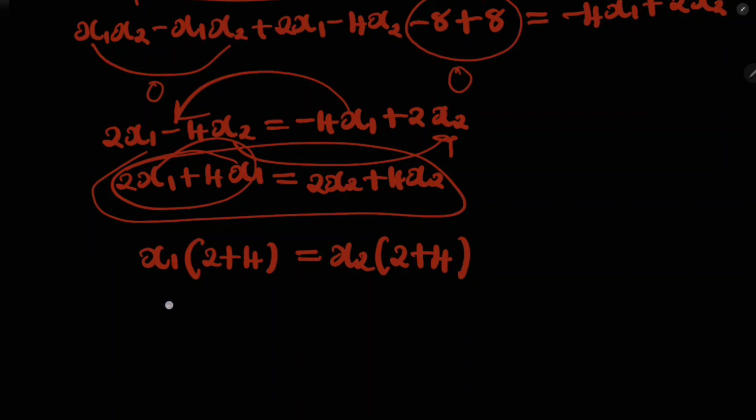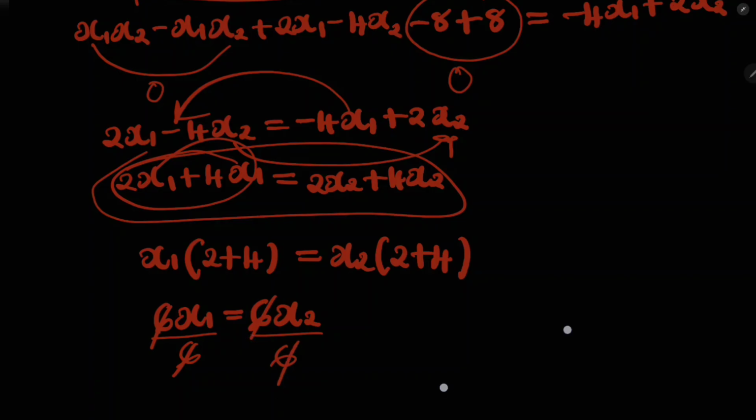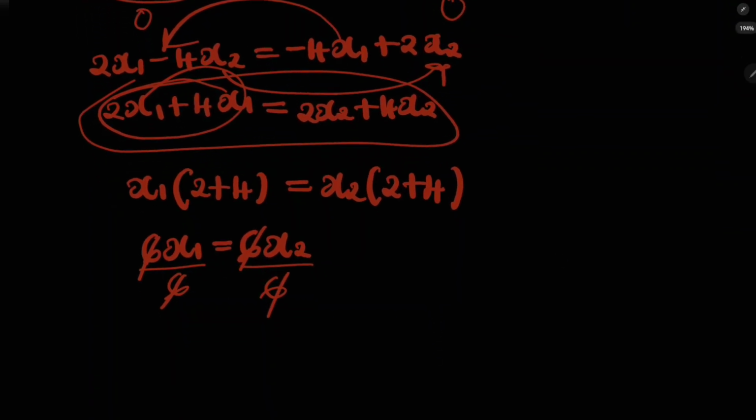So let's simplify. 6x1 equal to 6x2. What do we do here? We divide both sides by 6. They'll cancel out everywhere. And what do we have right now? We end up with x1 equal to x2.